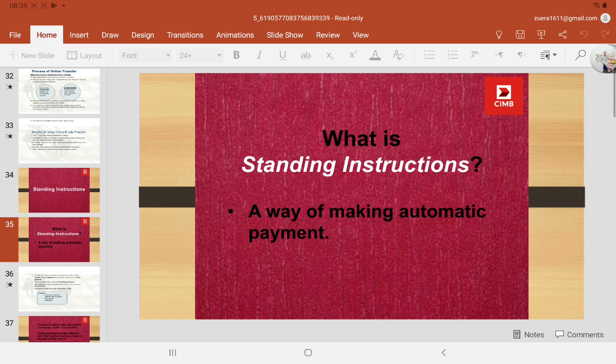Firstly, we look at the definition of standing instruction. A standing instruction is a way of making automatic payments to transfer the money to a third party. Before the customers apply for this standing instruction, they have to fill up the related information.